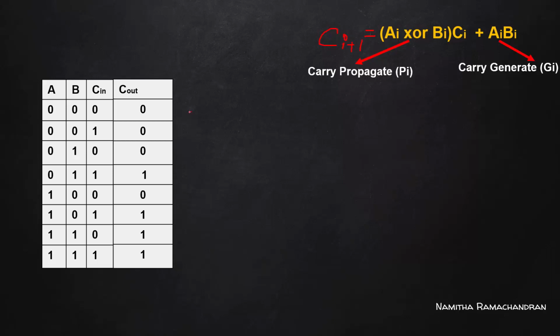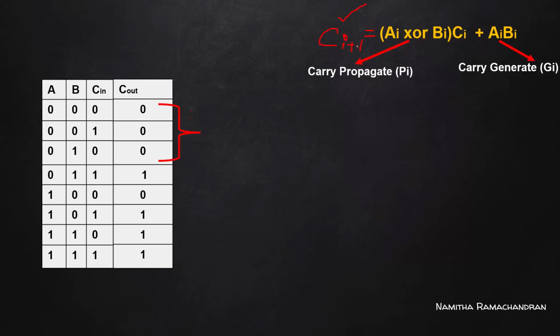Now consider these three input combinations. Here the carry output values are 0. For these particular three input combinations, the carry out is 0. So just analyze this particular expression for Ci plus 1.